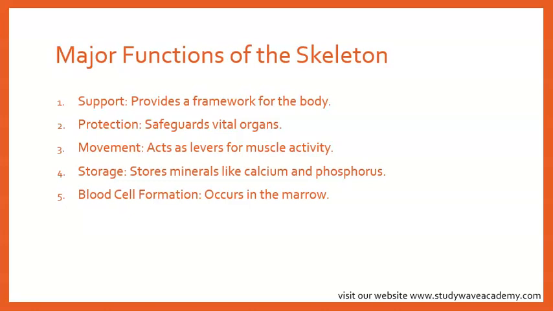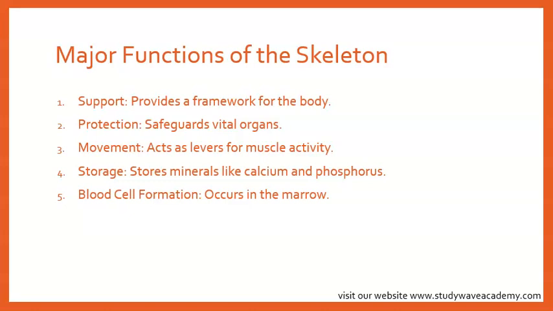Storage stores minerals like calcium and phosphorus. So the bone serves as a reservoir for essential minerals like calcium and phosphorus. These minerals can be released into the bloodstream as needed. Blood cell formation occurs in the marrow.